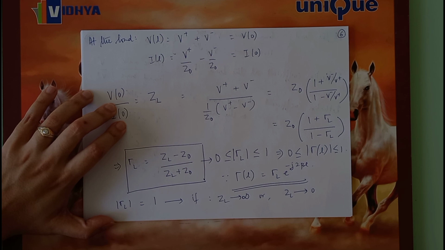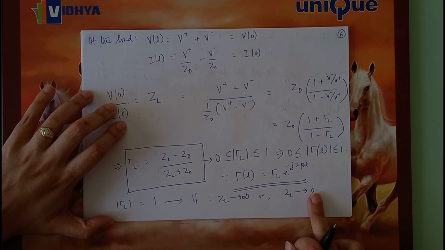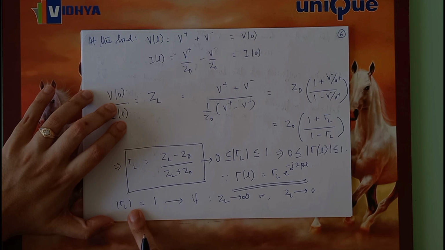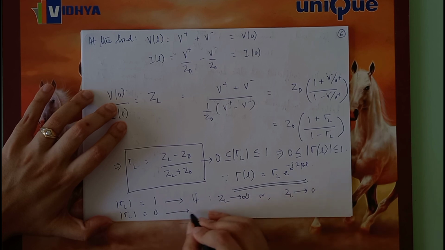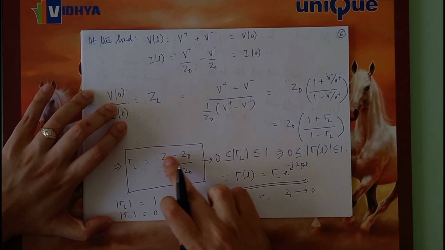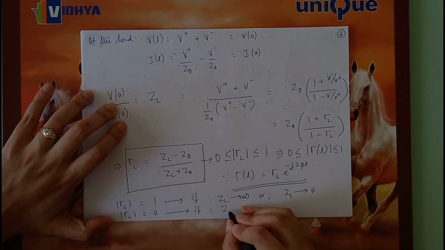Any other condition? Any other condition when gamma L magnitude will become 1? Well, think about it. Now, when will mod gamma L be equal to 0? Easy, it will be equal to 0 when ZL will be equal to Z0.